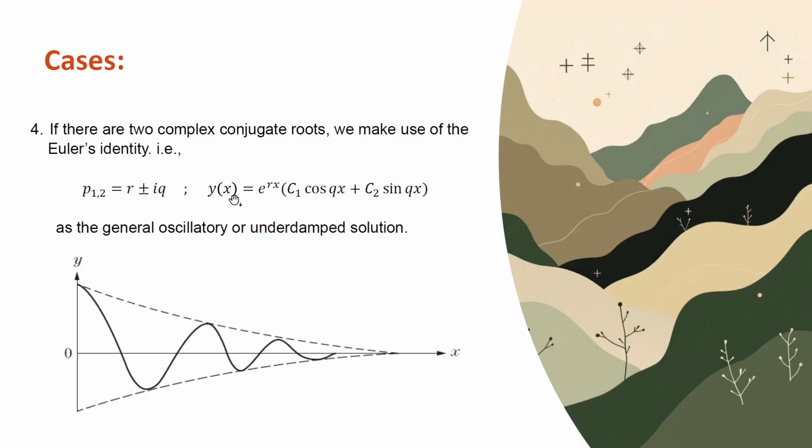And that is given by this equation: y as a function of x equals e to the rx times the quantity c1 cosine qx plus c2 sine qx.